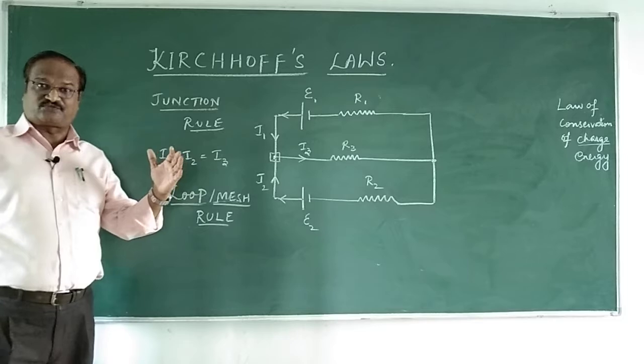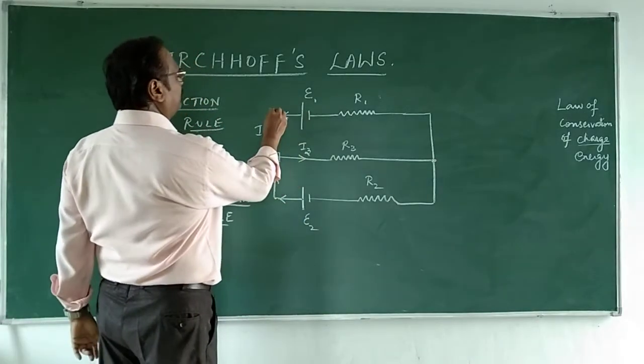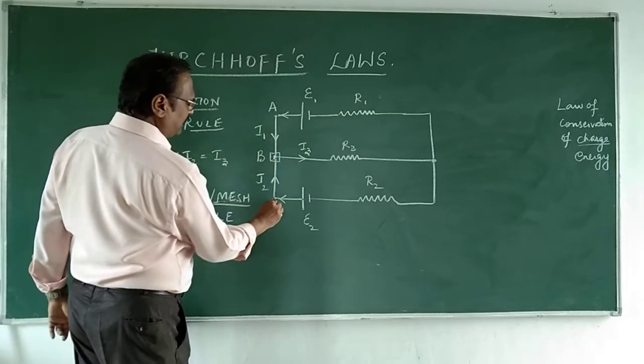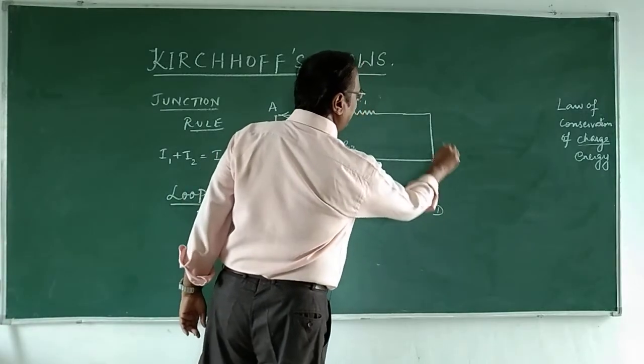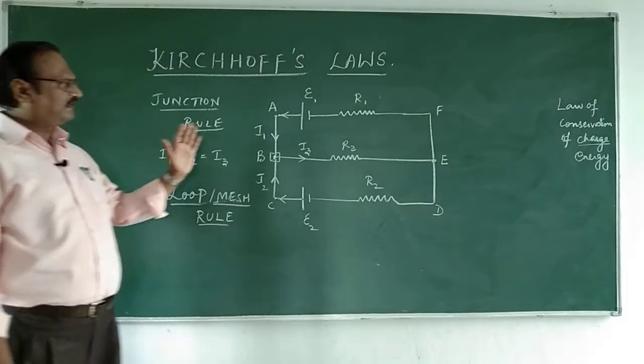But listen carefully. First, there is a positive terminal. Let me call this point A, this point B, this point C, this is D, this is E, and this is F. Now I have given a set of symbols.